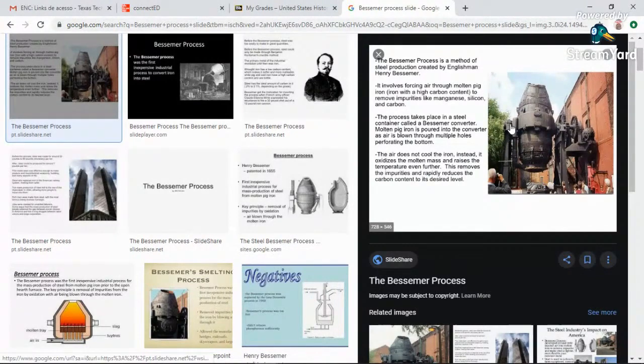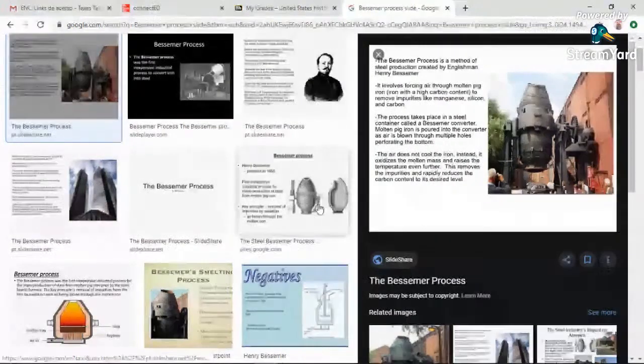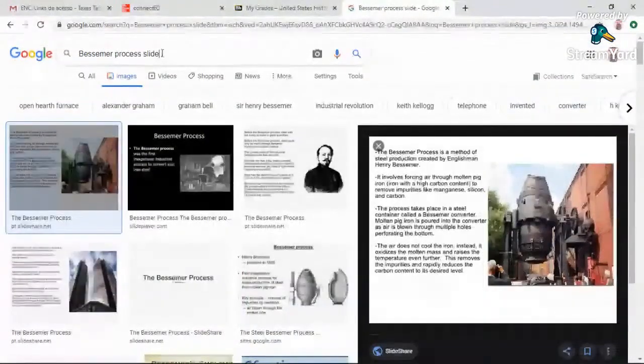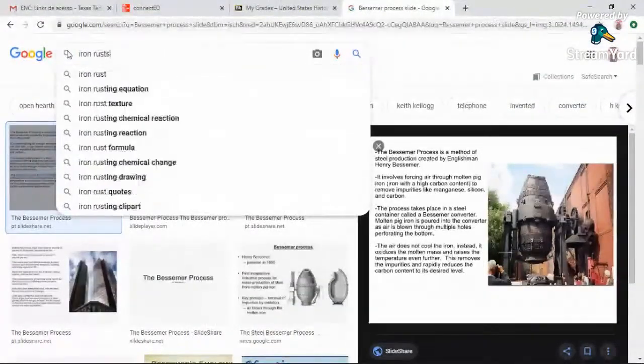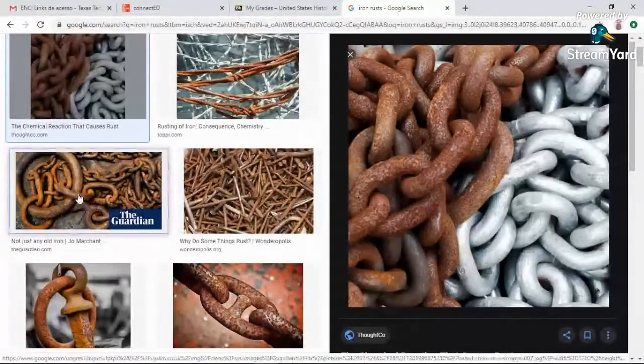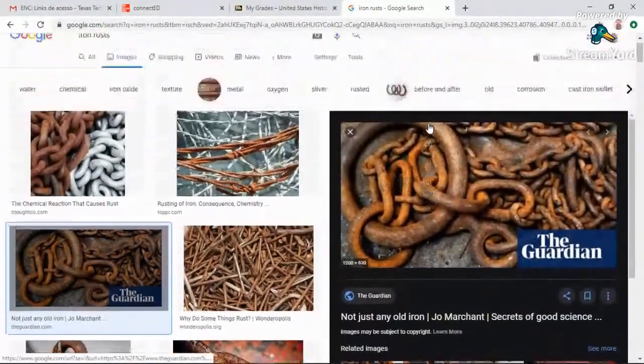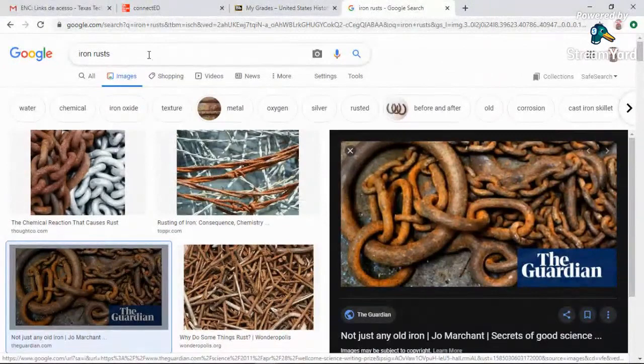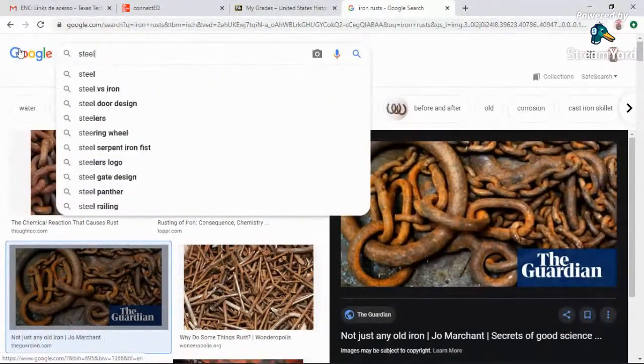And it was revolutionary because steel is better to use for construction than iron, because iron has so many particles in there that are not clean. Iron rusts. This is the problem with iron. And steel does not rot or rust.